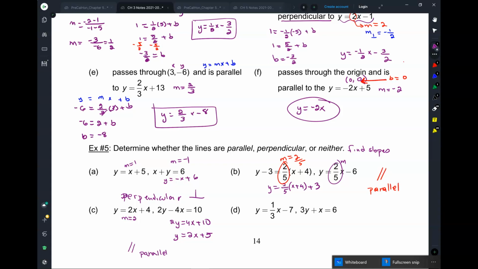Either do the sign or write it out. Okay, here we go. Let's solve this for y. 3y equals negative x plus 6. Divide by 3, divide by 3, divide by 3. This is one that always gets my students kind of confused.